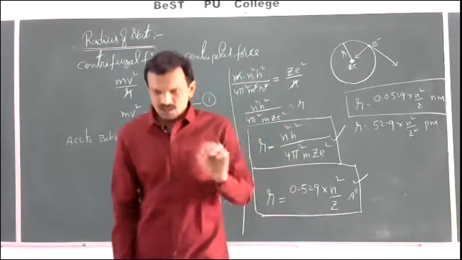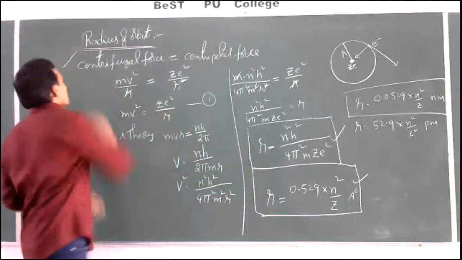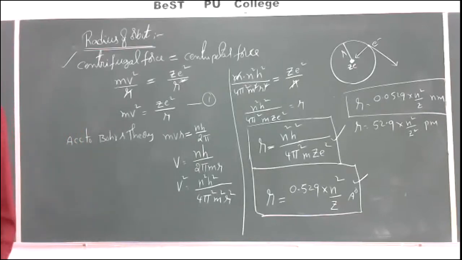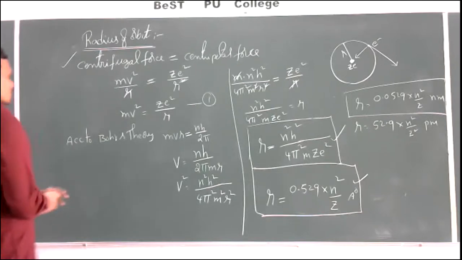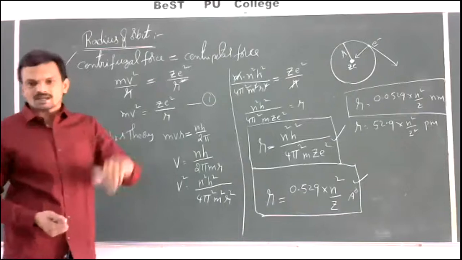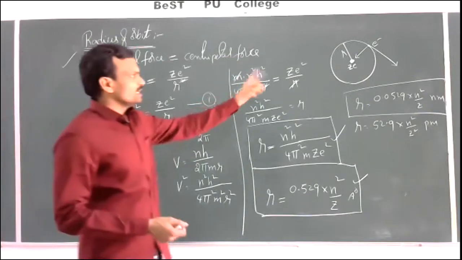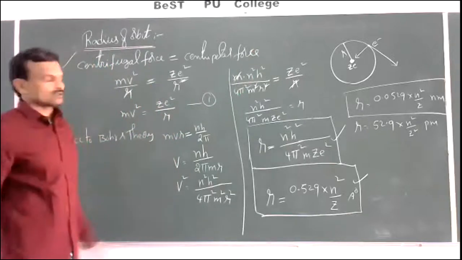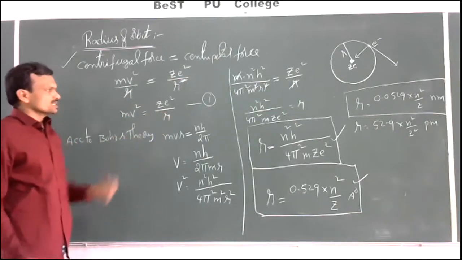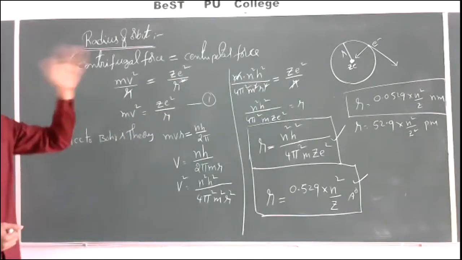Now, the condition we should apply is this: when an electron is revolving in a circular path, to continue in the same path, centrifugal force must be equal to centripetal force. The centrifugal force is mv square by r. The centripetal force is nothing but the Coulombic force of attraction, Ze into e by r square, that is Ze square by r square. If you cancel r, we get mv square is equal to Ze square by r. Call this equation 1.